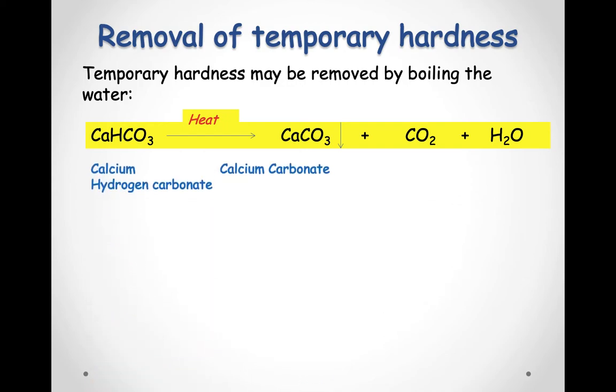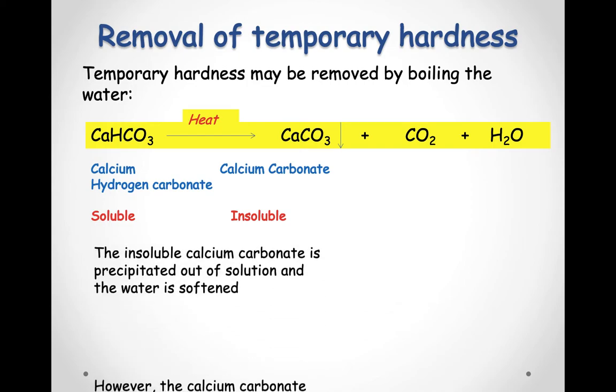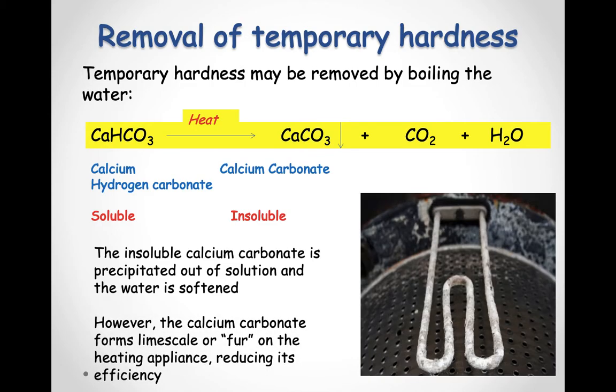But where does that calcium carbonate go? Well, it actually forms an insoluble scum around the heating element of, say, a kettle, if that's what you're using for boiling it, or it could be a water boiler, a water tanker, or heater, and it eventually builds up to look like a really bad limescale problem.